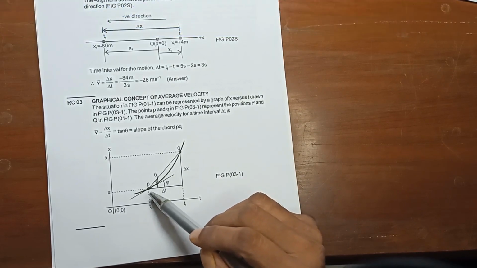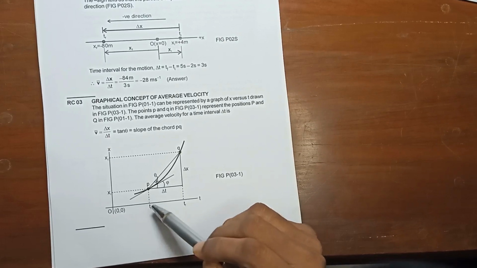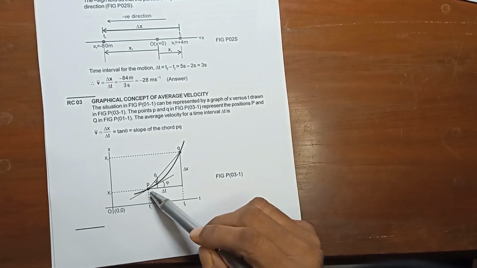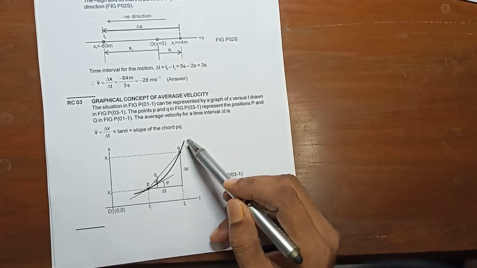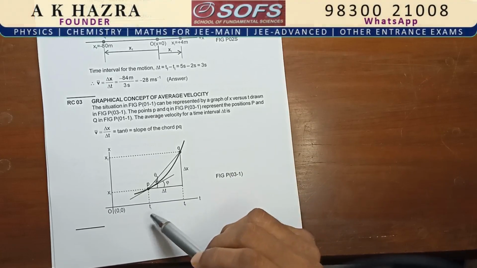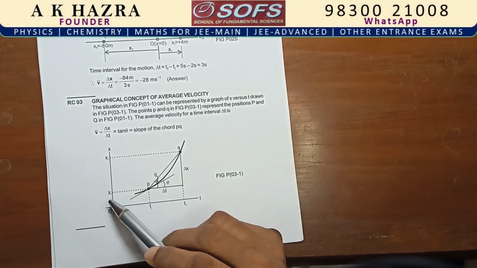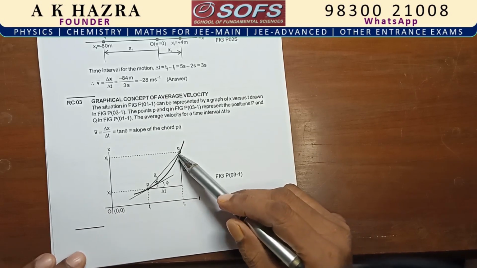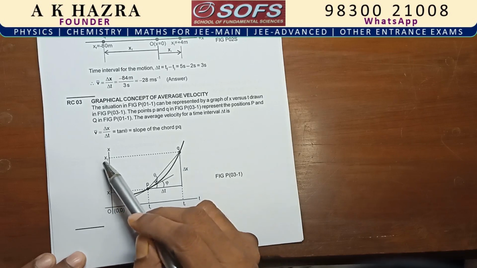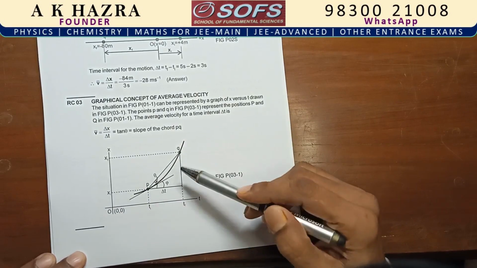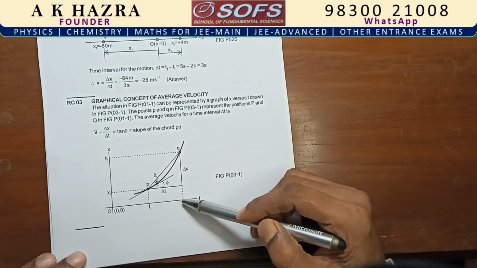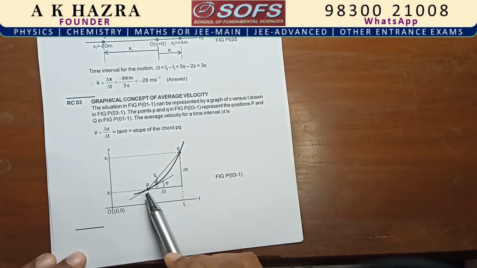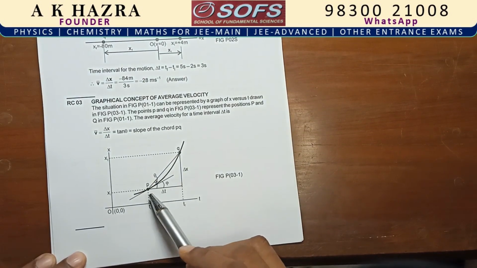So when the particle is at P, we will have the corresponding point small p on the graph at t equal to ti. So at t equal to ti, the particle will have the position vector xi. At t equal to tf, this will give the final position vector. So clearly this is delta x, x final minus x initial, and this is delta t, t final minus t initial.